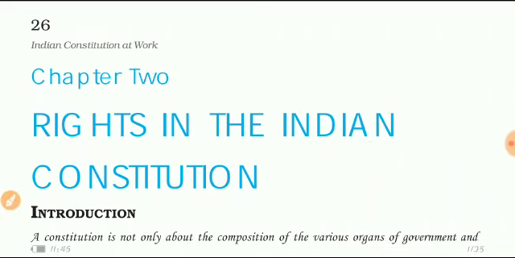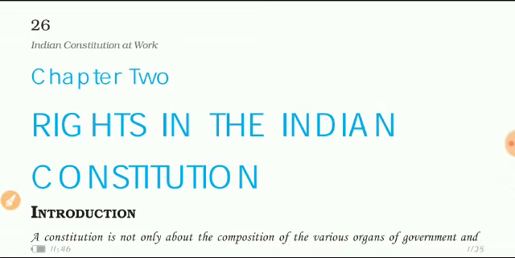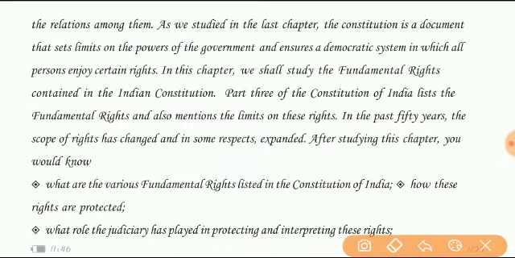A constitution is not only about the composition of the various organs of government, as we studied in Class 10th Political Science, Chapter 1, that there are horizontal organs, that are legislature, executive and judiciary, while the vertical organs are state government and central government. So the constitution is not only about the composition of the various organs of government and the relation among them.